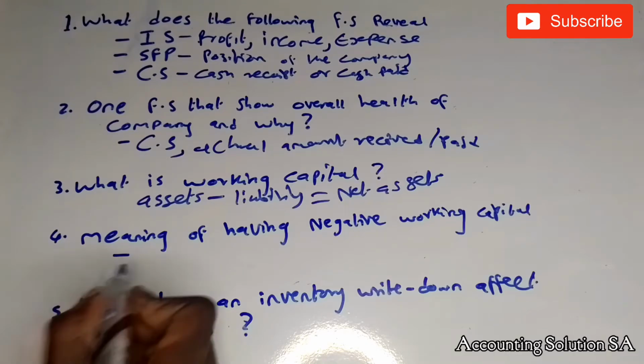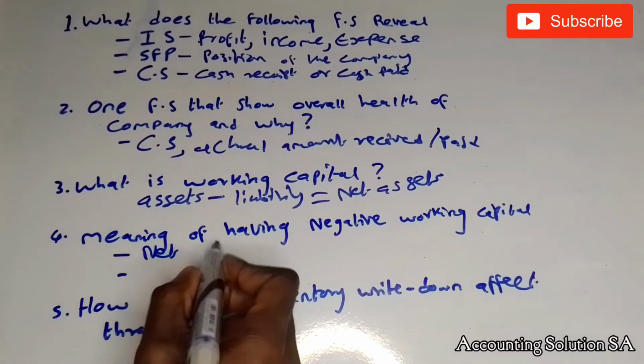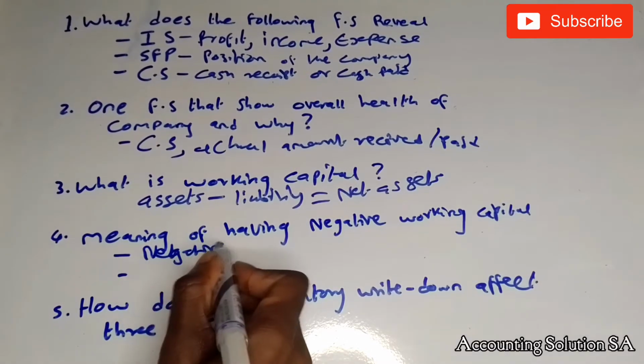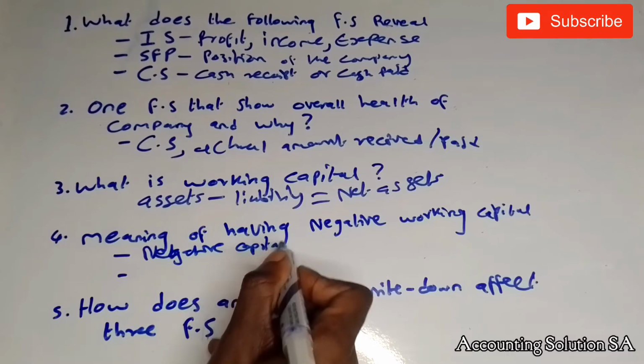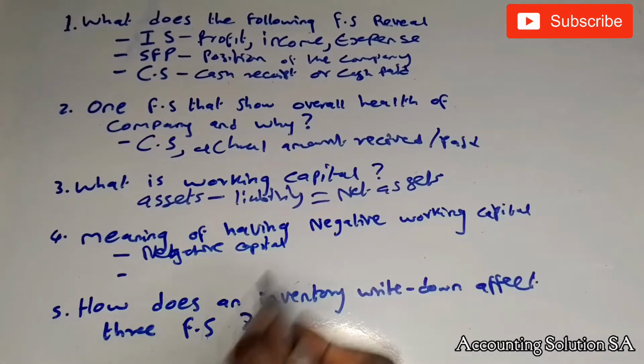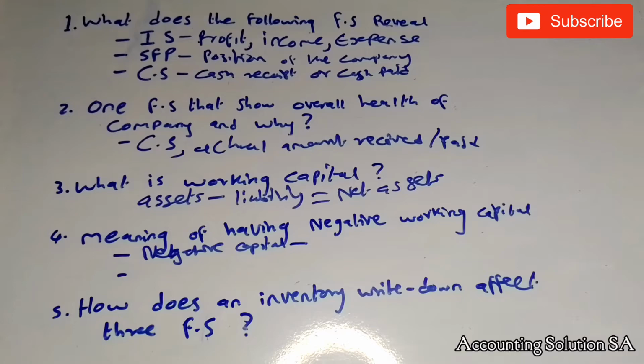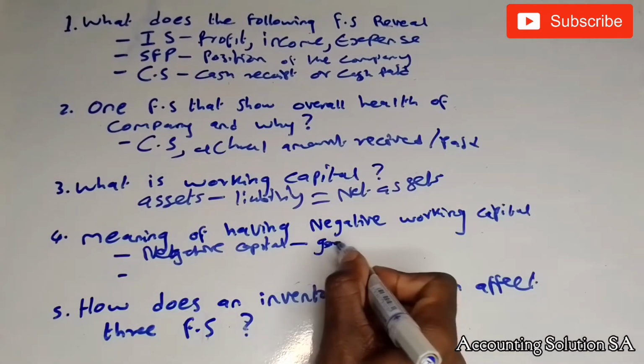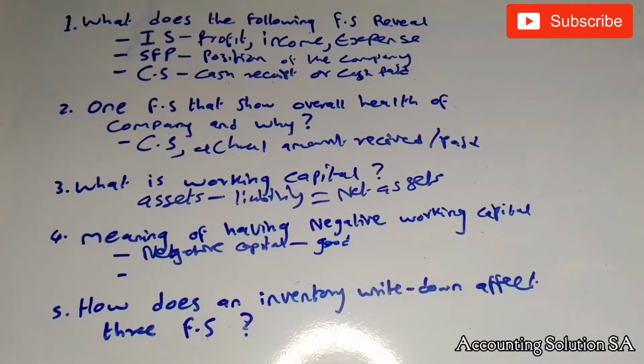A negative working capital depends on the nature of the company. Sometimes a negative working capital can be good. Why? Because it can simply mean that the company has sold all the inventory that they have, which means that we're expecting customers to pay, which means that our inventory is being sold so fast.